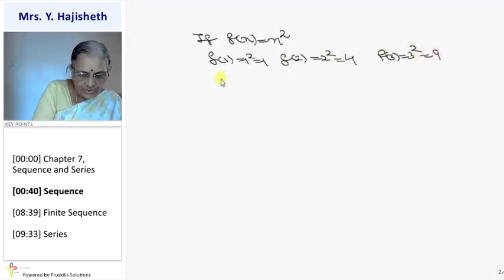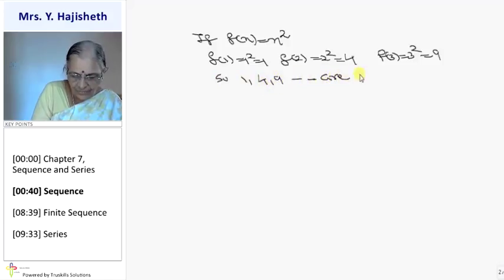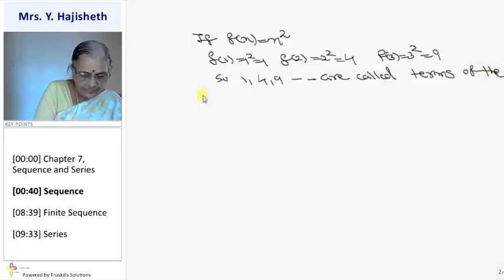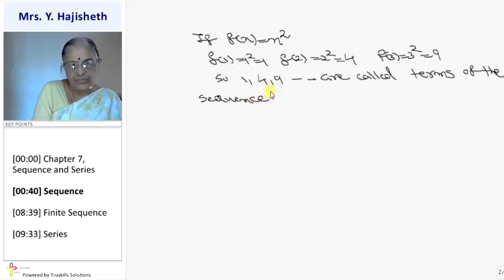So these 1, 4, 9, etc. are called terms of the sequence.